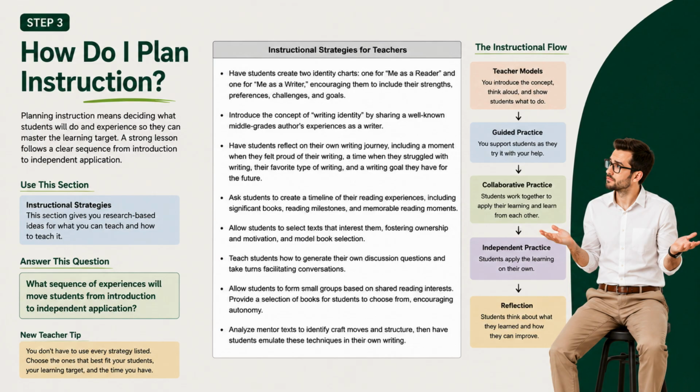After that, students transition to independent practice, where they demonstrate mastery on their own. Finally, end with reflection, giving students an opportunity to think about what they learned, evaluate their progress, and identify their next steps. When your instruction intentionally moves students through this progression, every part of the lesson supports the learning target and increases the likelihood that students will achieve success.